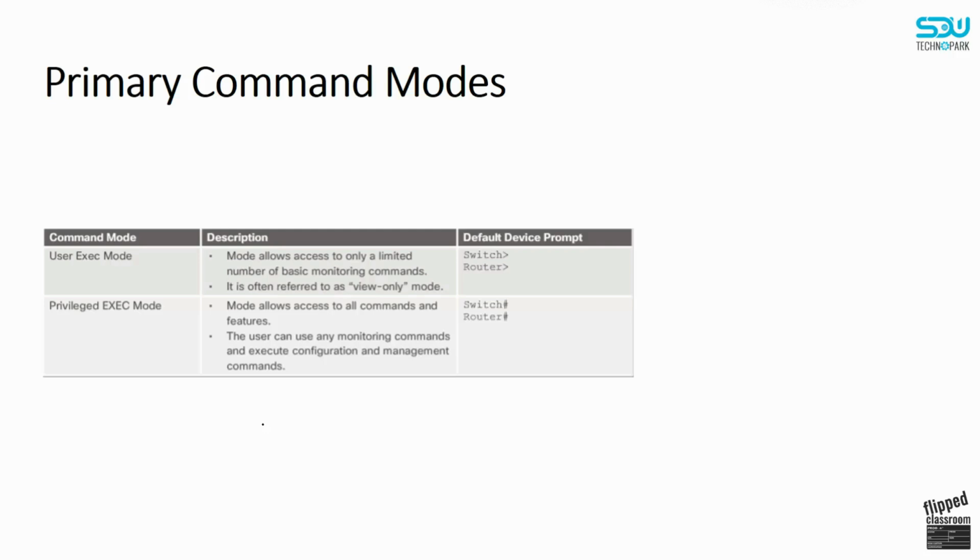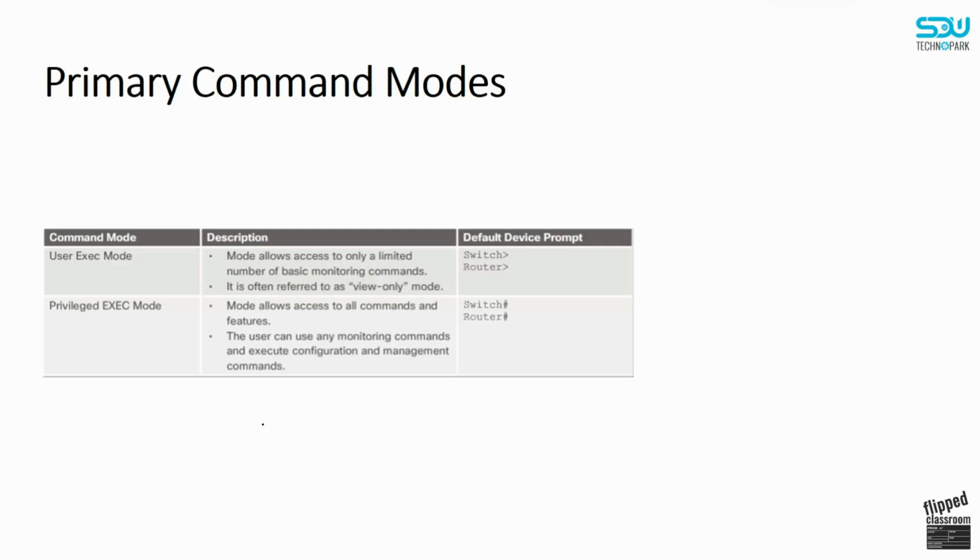Let's take a look at the primary command modes of the router and the switch. They are user executive mode, or user exec mode. This mode allows access to only a limited number of basic monitoring commands, so you are not able to change anything or impact the router or switch processes.